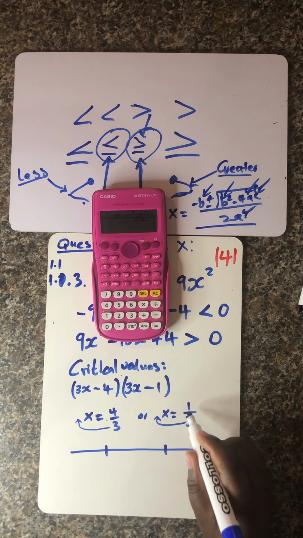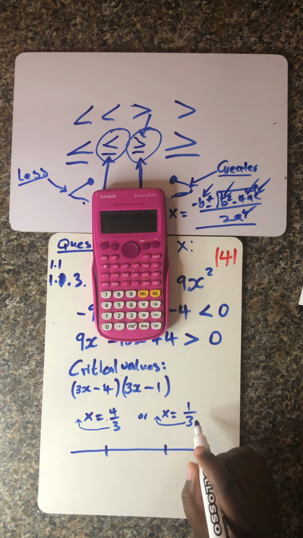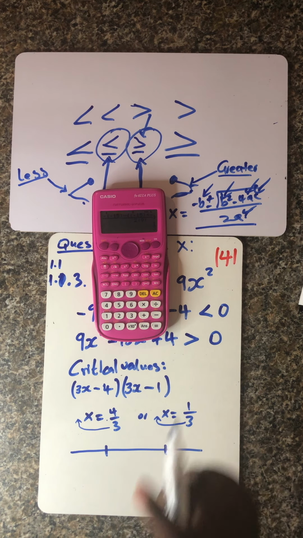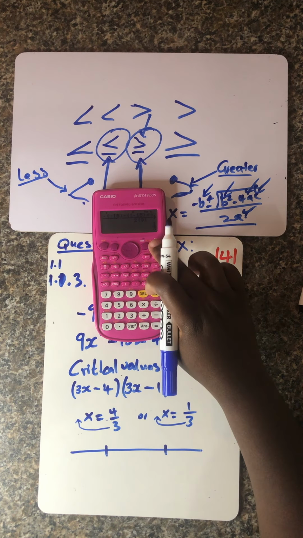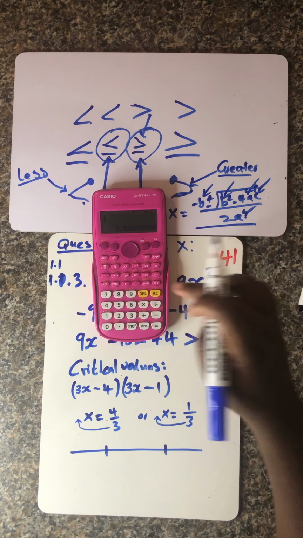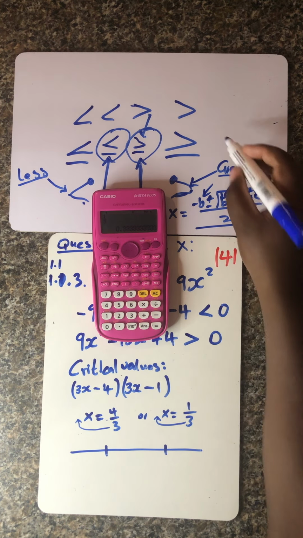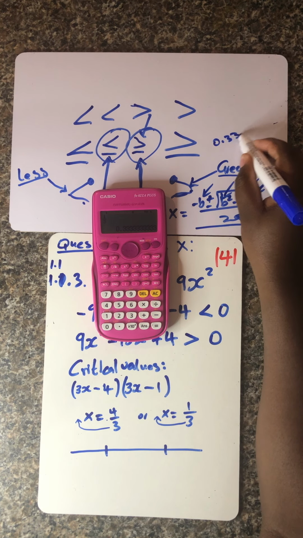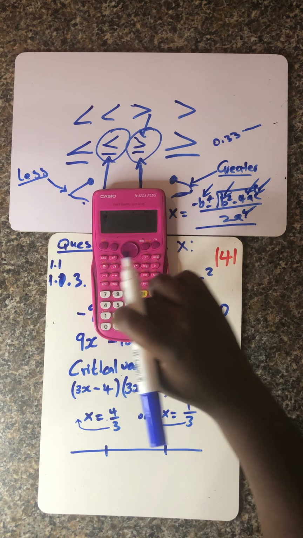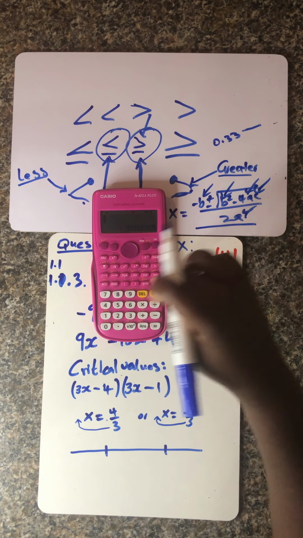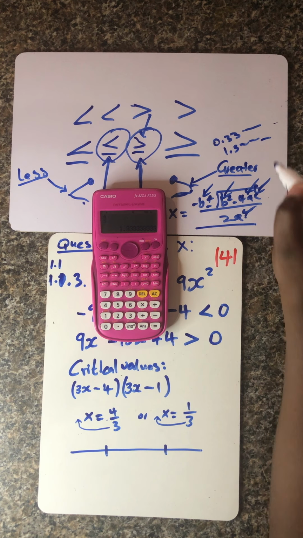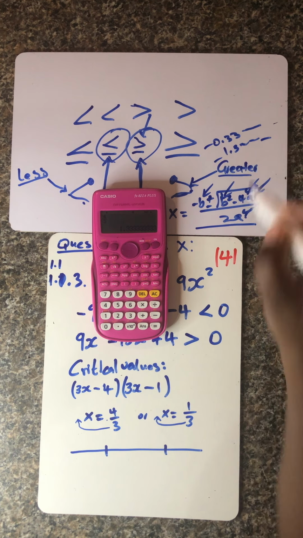So obviously 1 over 3, if you punch it on a calculator, is smaller than 4 over 3. How do I know? You just convert 1/3 to decimal, so it's actually 0.3333. Then you do the same for 4/3, and in decimal this is 1.3333. So this is small, this is bigger.